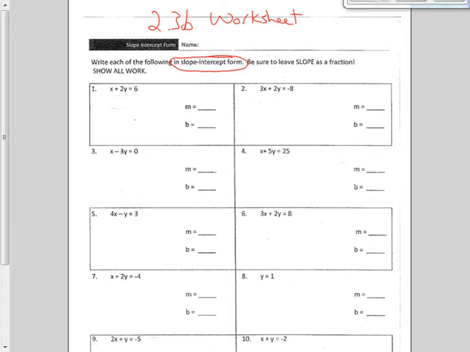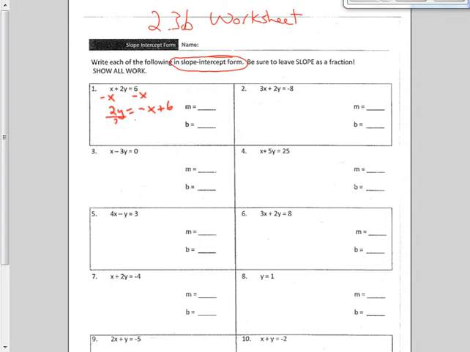So when we go back to this form, we're looking to try to solve this for y. The goal here would be that you would start looking for a pattern in these problems. So I've got x plus 2y. I want to move the x, so I'm going to subtract x from both sides, and I get 2y equals negative x, because we want the x portion to be first, y equals mx plus b, and then we've got plus 6 at the end here.